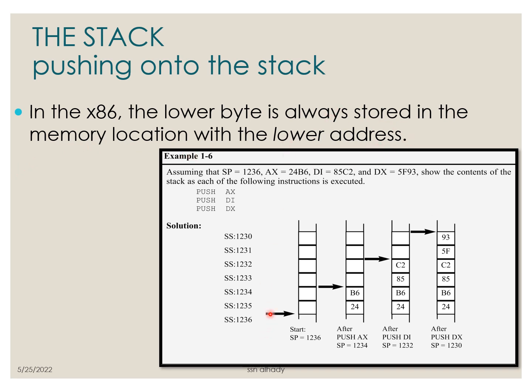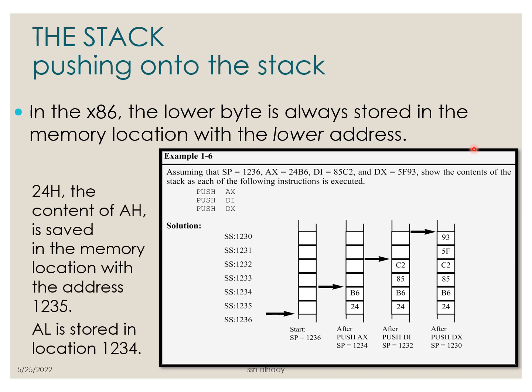You have to bear in mind, since the growing is by decrementing, the upper one is going to be the lower address. So 24, the AH, the higher byte, is saved in the location of address 1235.